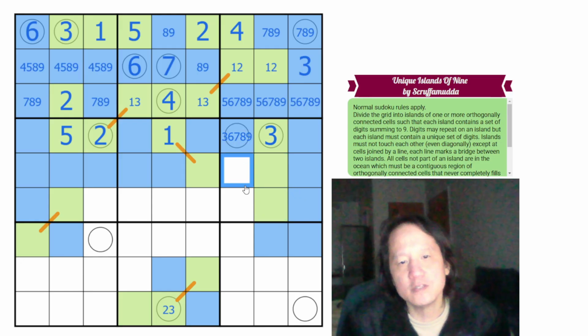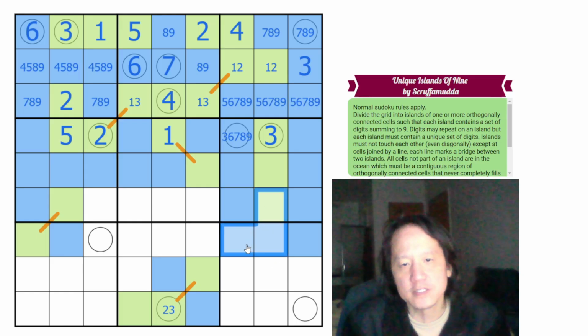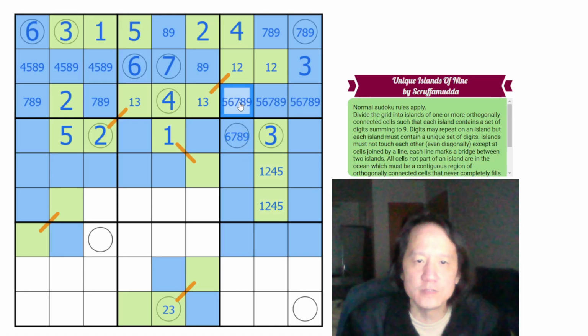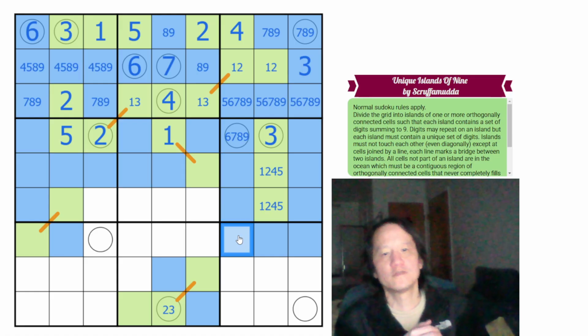Therefore, these 2 must be ocean cells, and therefore this must be an ocean cell because it's not connected by a bridge to another island there. Therefore, this must be specifically 3, 2, 4, or 3, 1, and 5. This can't be 3. This sees 1, 2, 3, 4, 5, 6 ocean cells, and that's fine so far.